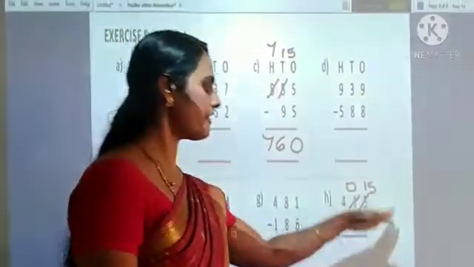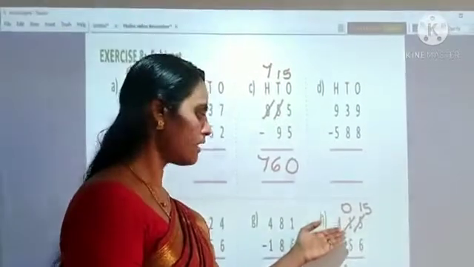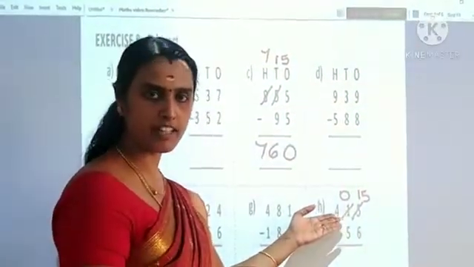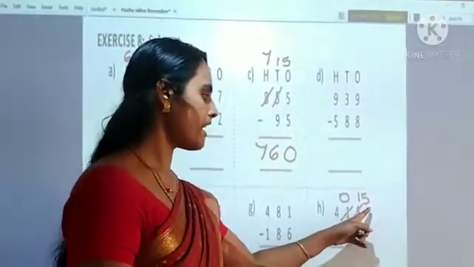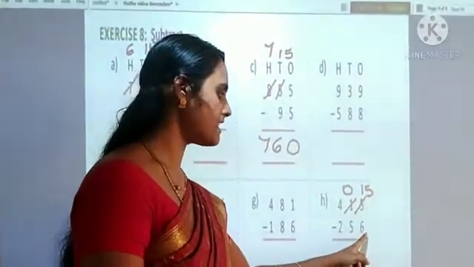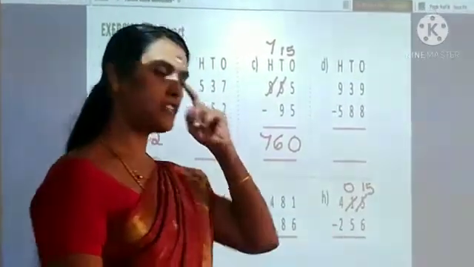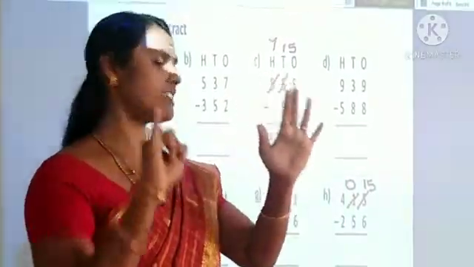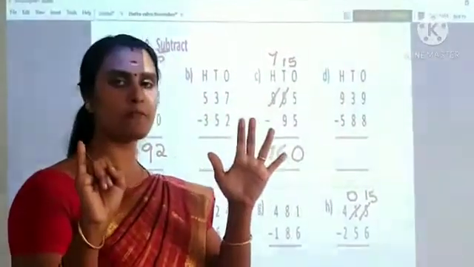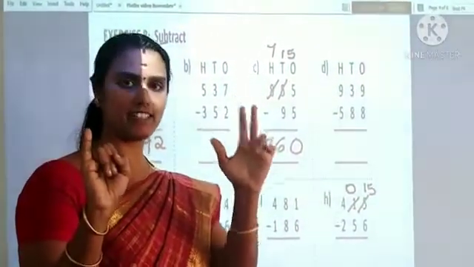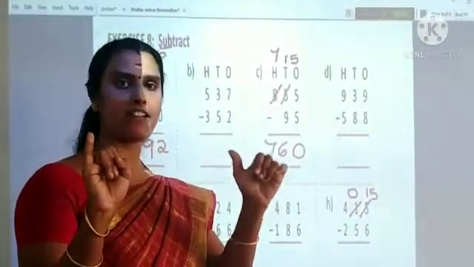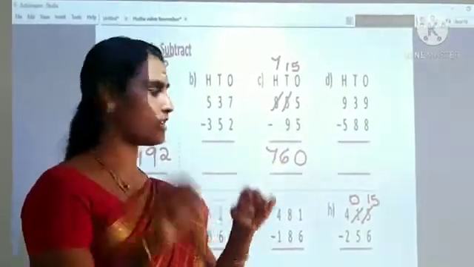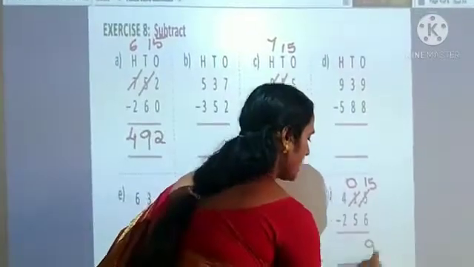So we have given a number from the 1 to the 5. There is nothing left here, so we have to write a 0. So now we have to subtract 15 minus 6. Keep 15 in your mind and take 6 fingers. Now count backward. 14, 13, 12, 11, 10, 9. What is the answer? 9.